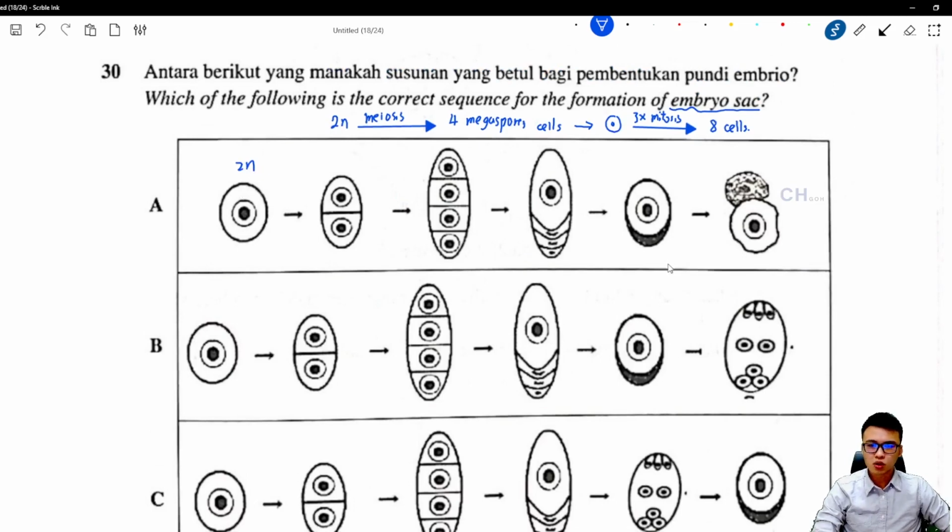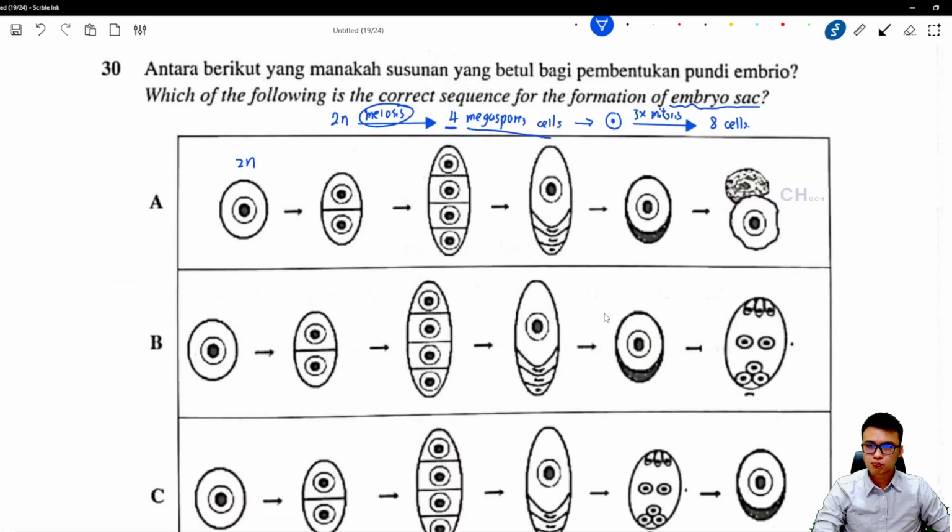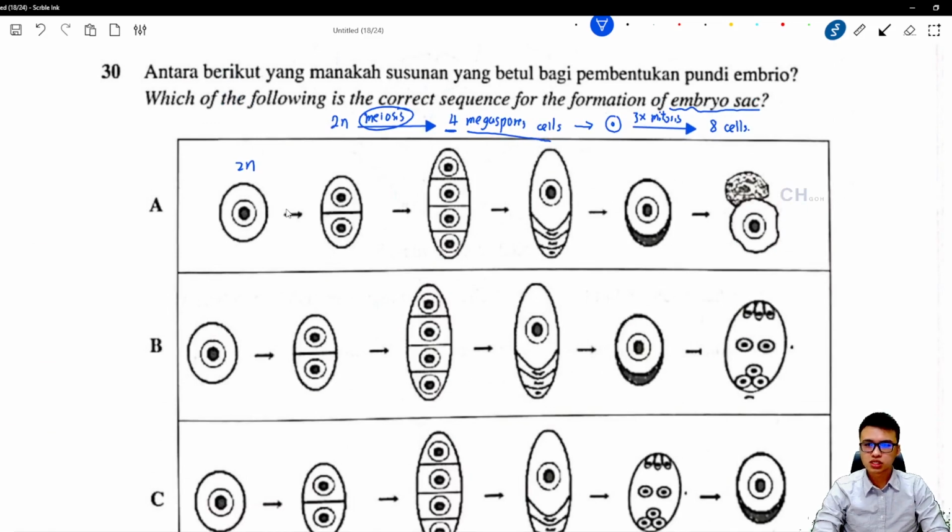This 2N cell will start to carry out meiosis, and this meiosis will form 4 megaspore cells. Based on this diagram, you can see one cell will form 2 cells eventually. I'm sure this is considered meiosis 1. And then it will form 4 cells eventually through meiosis 2.